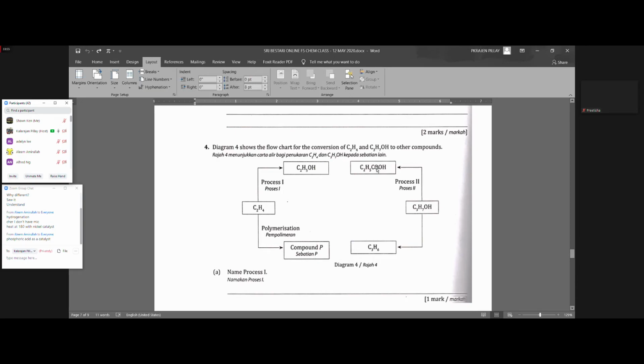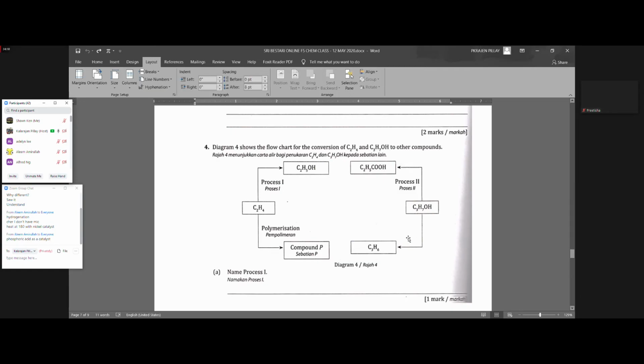Can you see that? 2 plus 1 is 3. So process 2 is oxidation. We use an oxidizing agent, like acidified potassium dichromate(VI). Then propanol becomes propene. This is dehydration. The special test tube we put horizontal for dehydration.